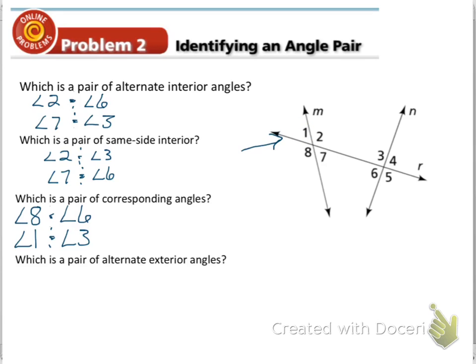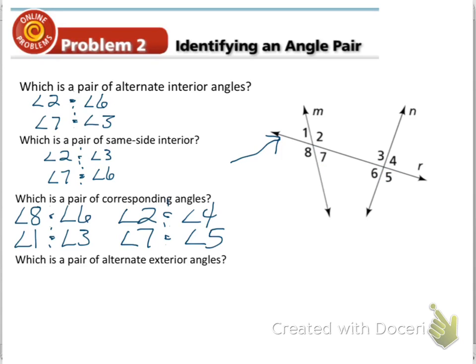If we go to the right-hand side, same side as the transversal, then you'll see that 2 and 4 are corresponding, so angle 2 and angle 4. And we have 7 and 5, so angle 7 and angle 5.